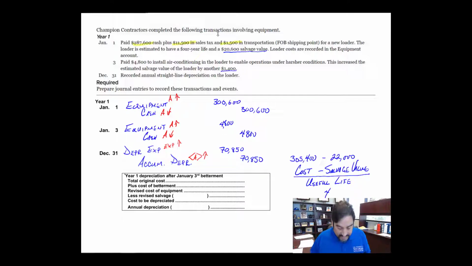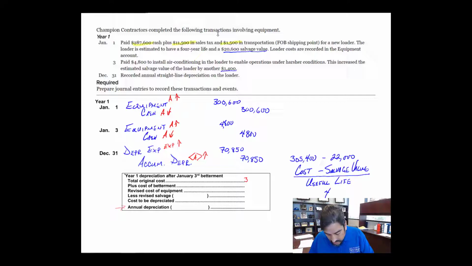And then we've got this table down here that we don't really need because we've already answered the question. This table is going to help us calculate the annual depreciation, but I will fill it in.